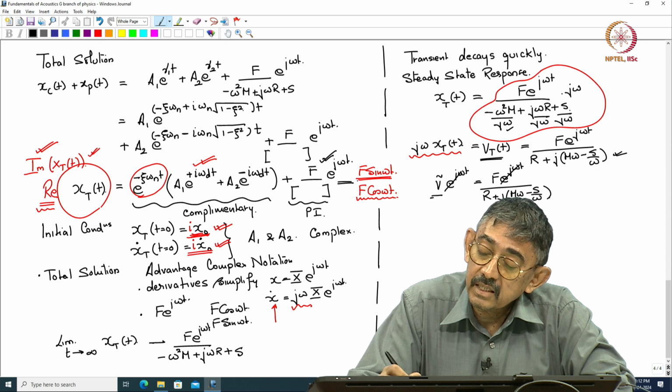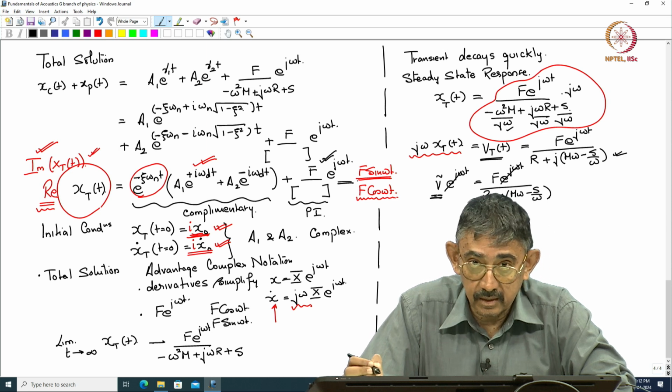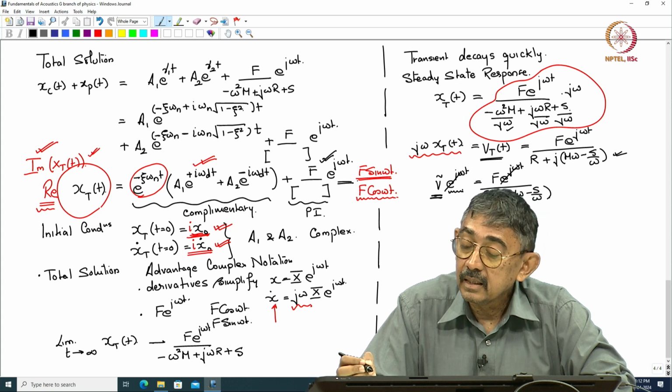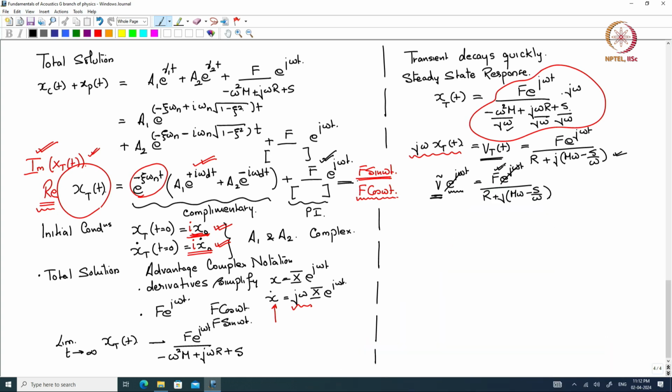Then my velocity amplitude, meaning the coefficient of e to the power j omega t, is given by this force amplitude over this entity. And that entity, let me give it a symbol z tilde m, r plus j m omega minus s over omega. This is called the mechanical impedance.